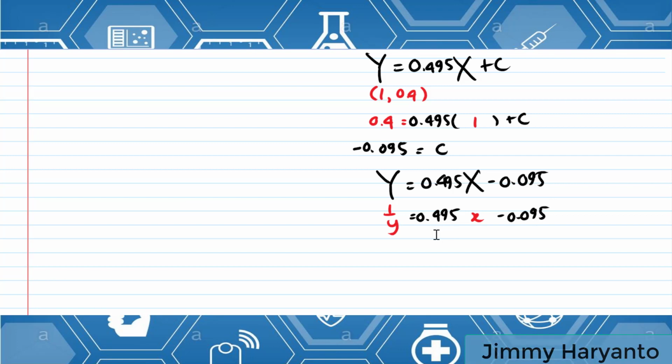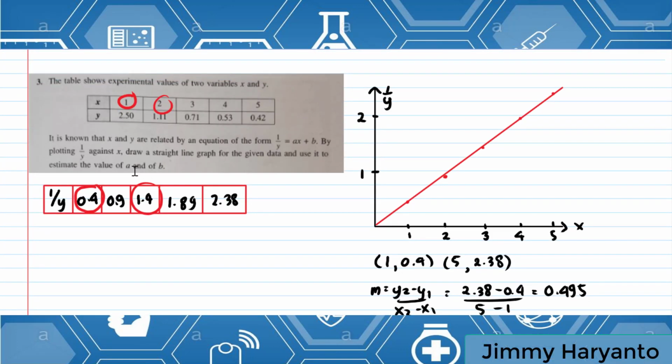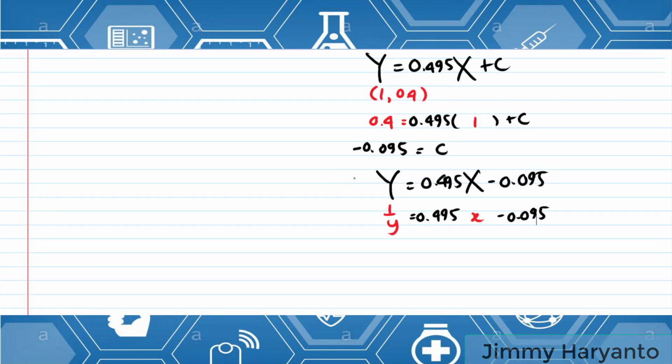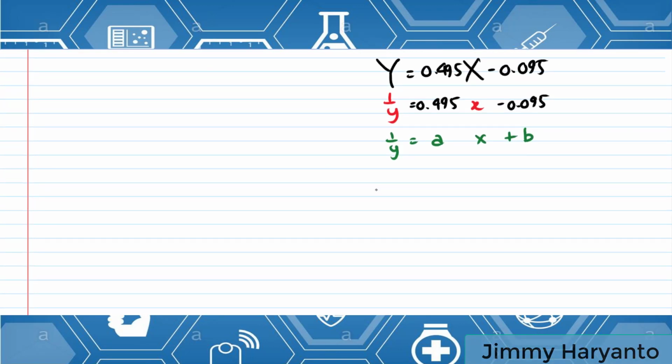The question wants us to find the a and b. We have to compare it with 1 over y equals ax plus b. We can conclude that a equals 0.495 and b equals negative 0.095. Okay, that's the answer for a and b.